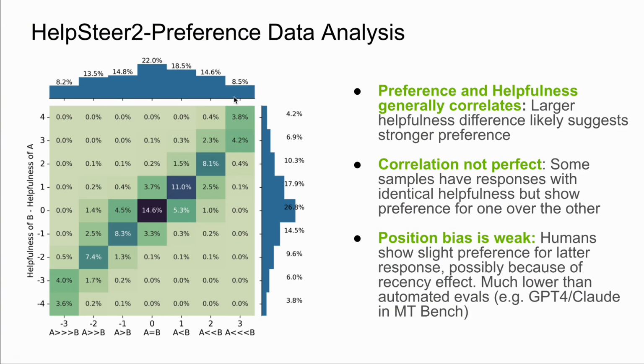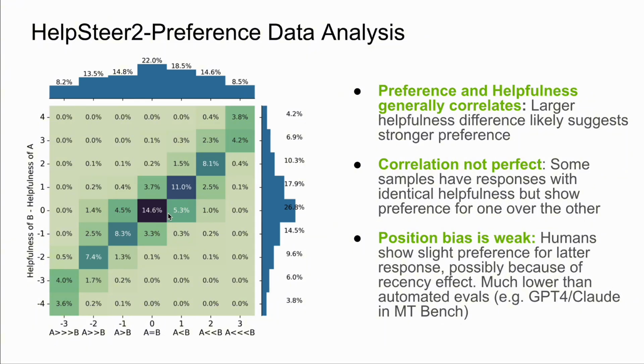So as we can see here, when we correlate preference to individual helpfulness, we find that they correlate pretty well. But there are cases where you think that generally they're about the same helpfulness, but you still have a preference for one or the other.